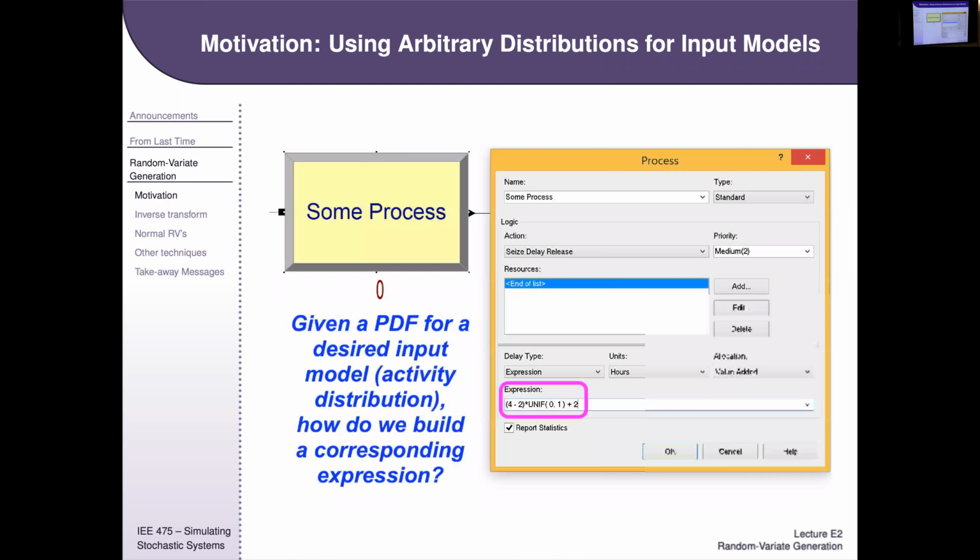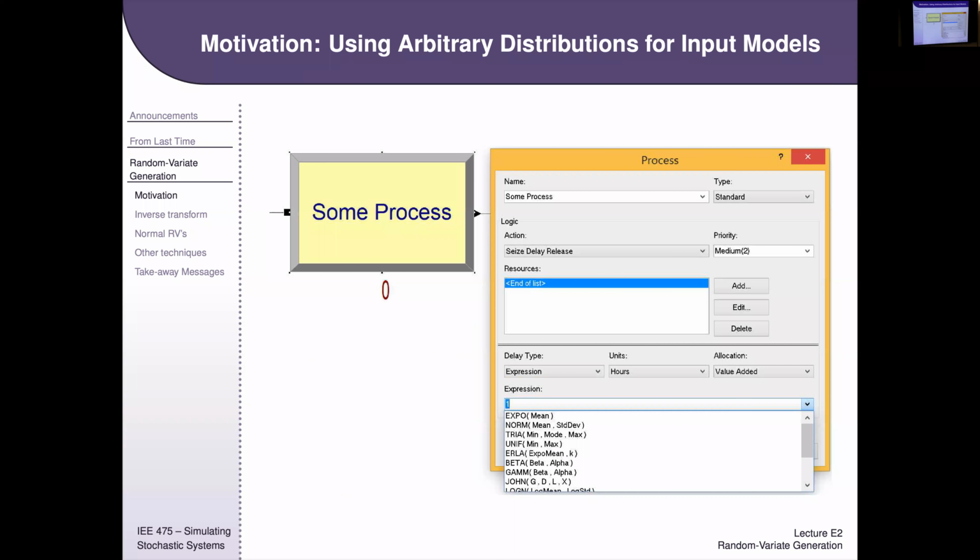So what is the new stuff we want to add today? In Arena, you drop a process block, you drill into the process block, and you get a box that looks something like this. In that box, you're going to have to decide how long things stay in this process block. And this is where those input models come into play.